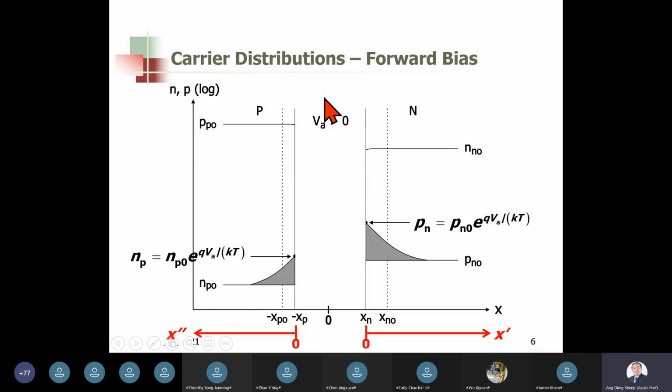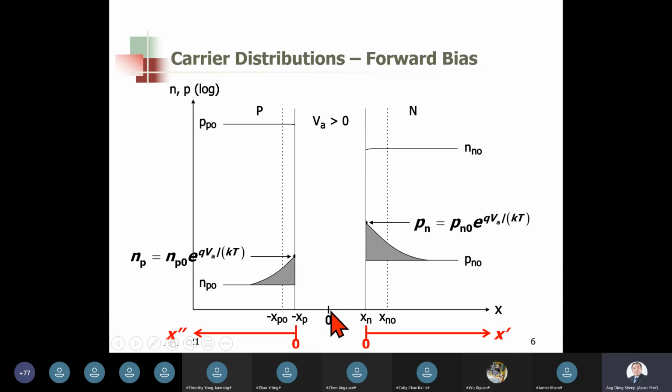In other words, we will avoid the space charge region where there is an electric field. In the quasi-neutral N and P regions, we can assume the electric field to be negligibly small and neglect the electric field when solving the continuity equation.